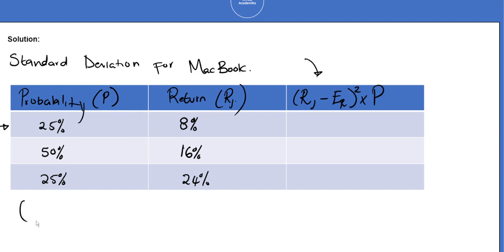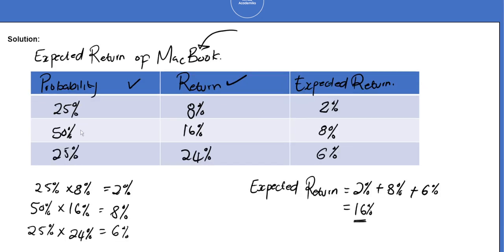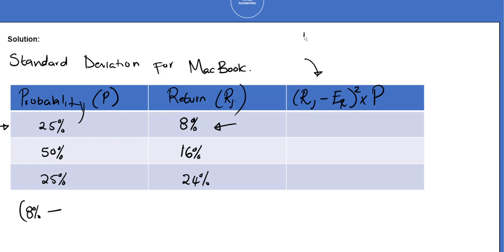So you'll open a bracket and then your return, which is your RJ, you'll write 8%. This is the 8% we're referring to. Then you'll say minus expected return. The expected return is the one we have calculated just now, 16%. Okay, so I'll just write it on this side so that we don't have to move to the other page. The expected return is 16%.